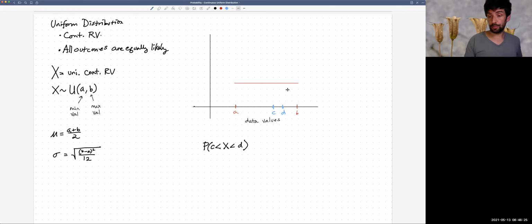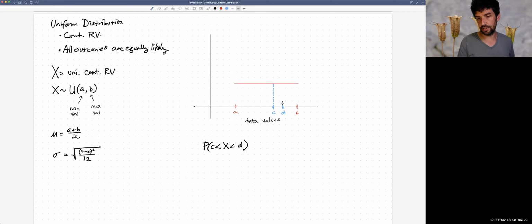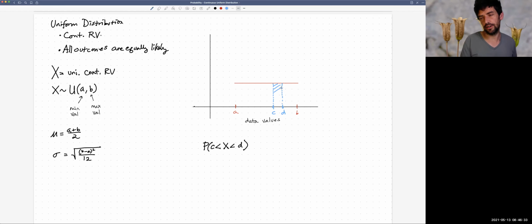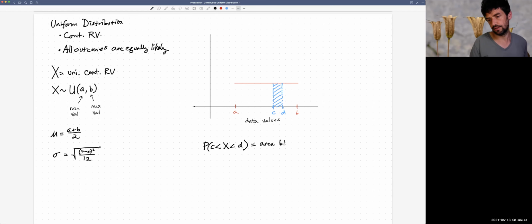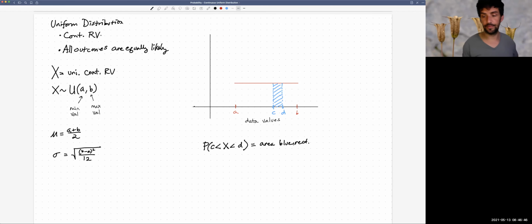So if we want to know this probability, then we need to look at this area, the area under the curve between these two, right? But this is just a rectangle. The area of the blue rectangle, right? And we know how to find the area of a blue rectangle. It's going to be the width times the height.